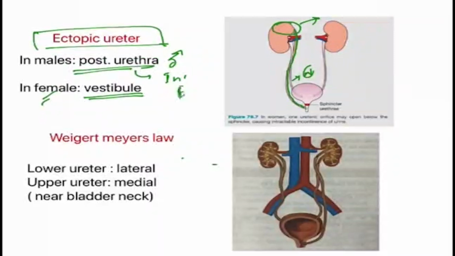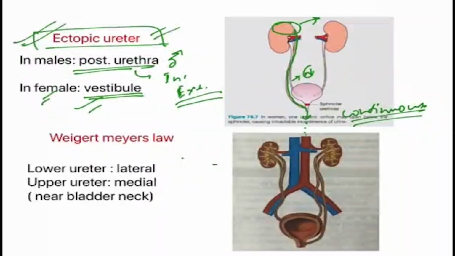But in males it doesn't cause incontinence of urine because of external sphincter. But in female there is continuous dribbling of urine. So in a patient with urinary continence, that is the patient can avoid urine by her will, continuous dribbling of urine is caused by ectopic ureter.